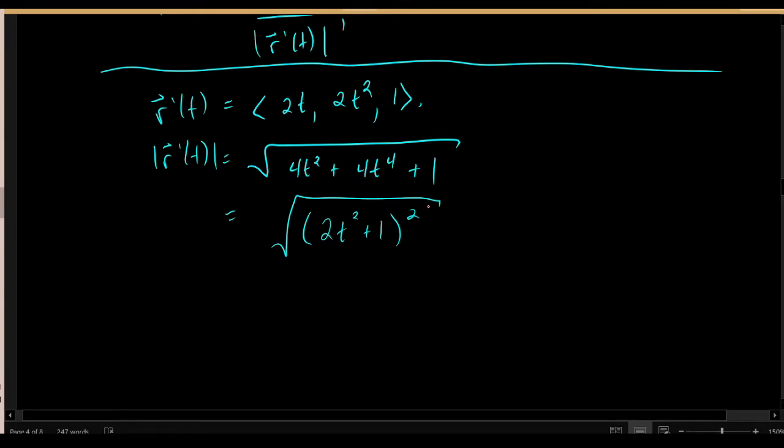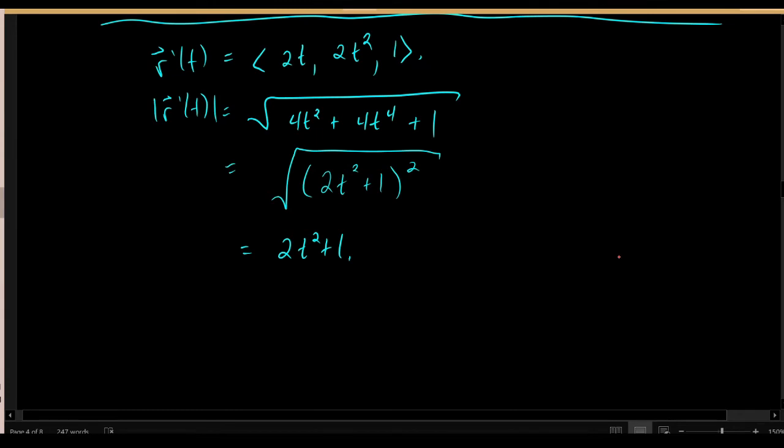We have 2t squared squared, that's the 4t to the 4th power. We have 2 times the product 2t squared times 1, that's the 4t squared. And then we have 1 squared, which is the plus 1 in the back. So this can be simplified to 2t squared plus 1, which is really lucky.